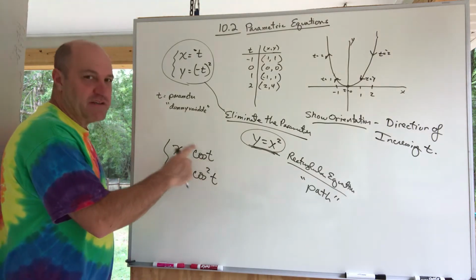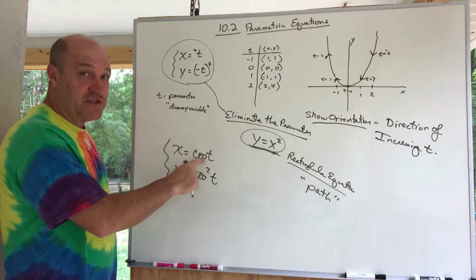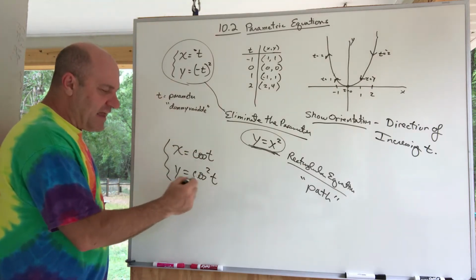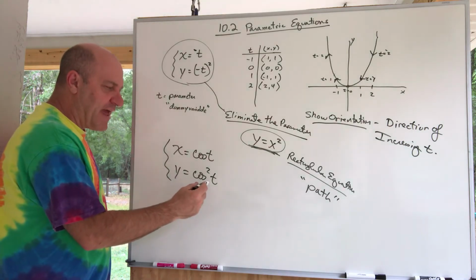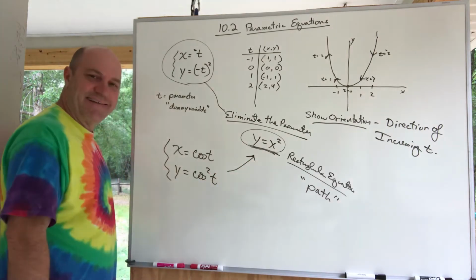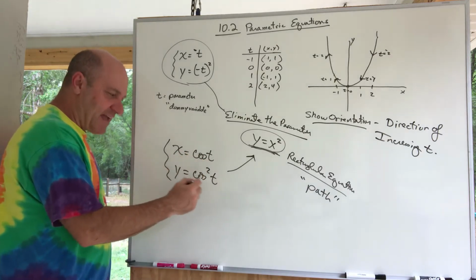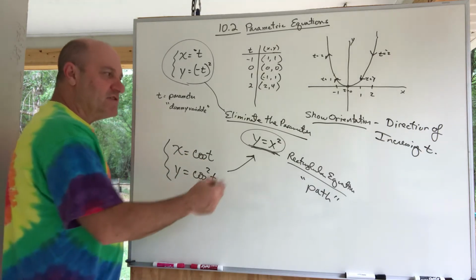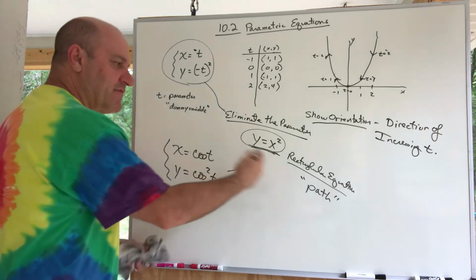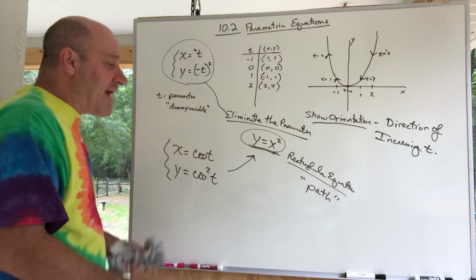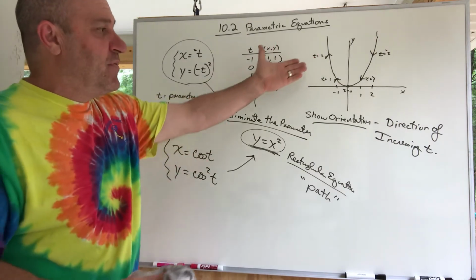I don't really have to get the cosine inverse and solve for t. I don't need to go that far. If x is cos t, can't I replace that x here, and don't I have y equals x squared? Right? x is cos t. That's an x squared. So when I eliminate the parameter, I have the same rectangular equation. I'm traveling on this same path. So I'm still traveling on this parabola.